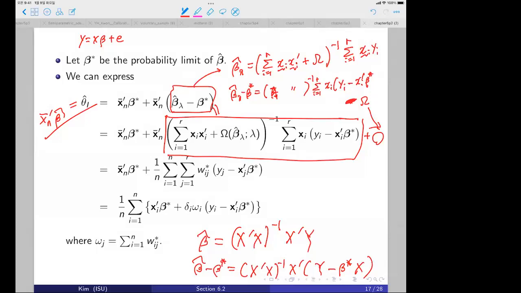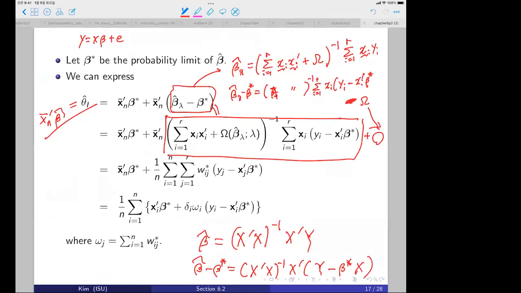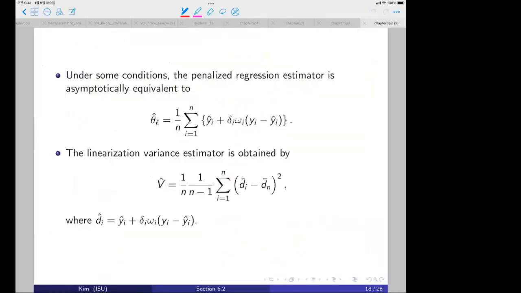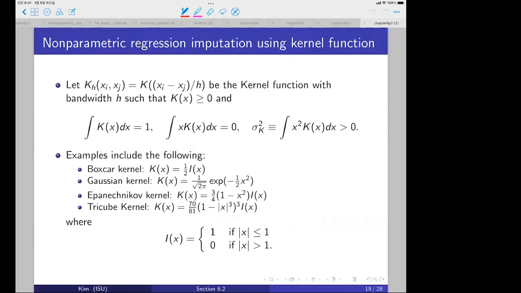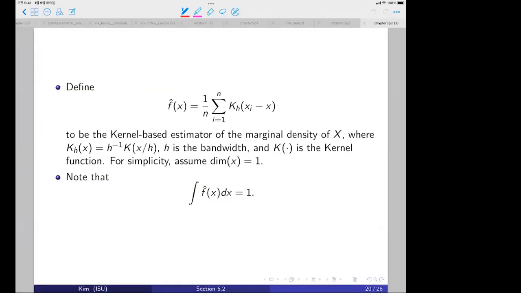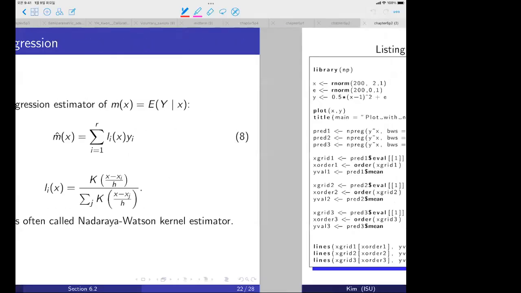Okay. And so that is the main point. And then in the lecture notes I have nonparametric kernel regression, and that has a lot of details.